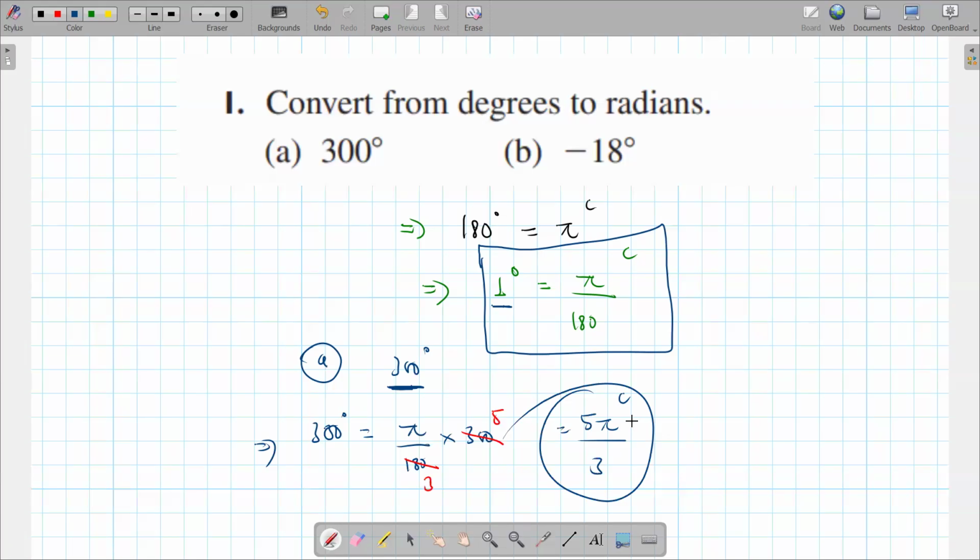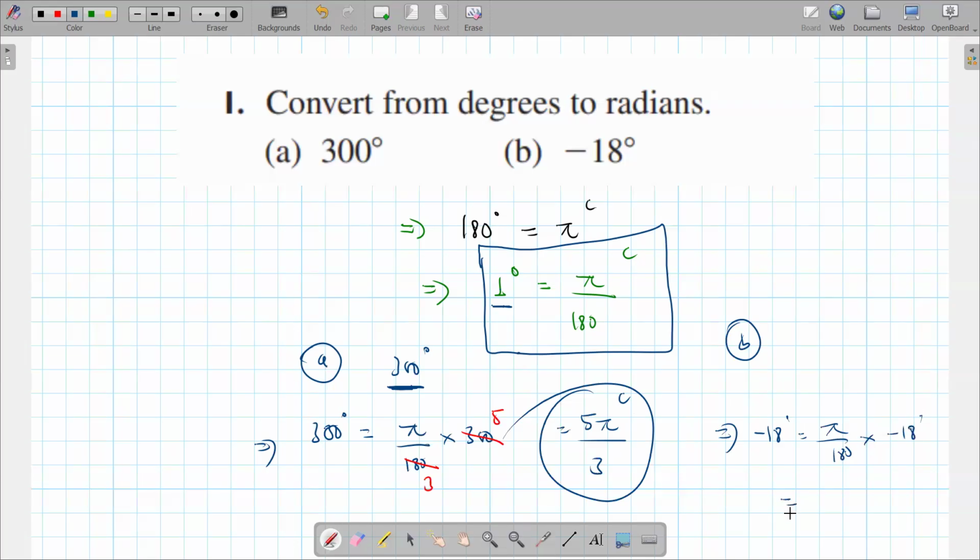Okay, what's the answer to B? It's the same question, right? What do we multiply both sides of this equation by? Negative 18. So you get negative 18 degrees is pi over 180 times negative 18. Quick maths, what does that simplify to?